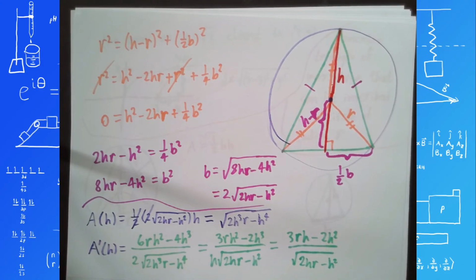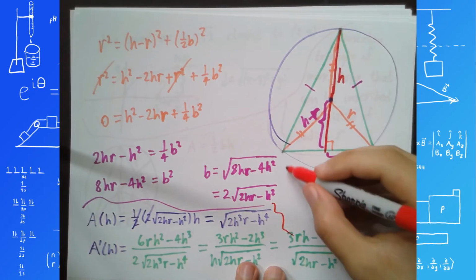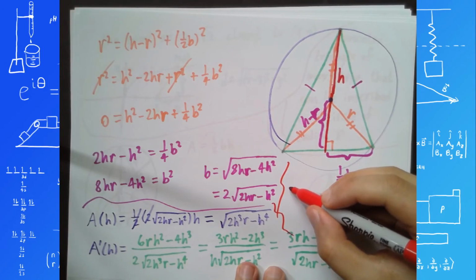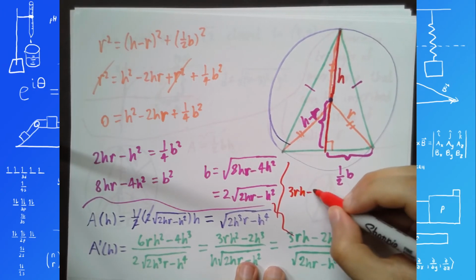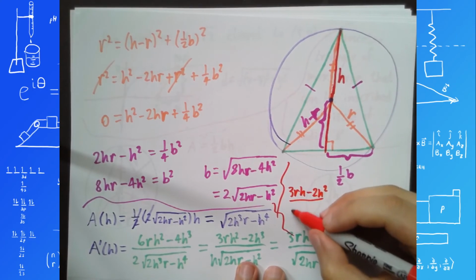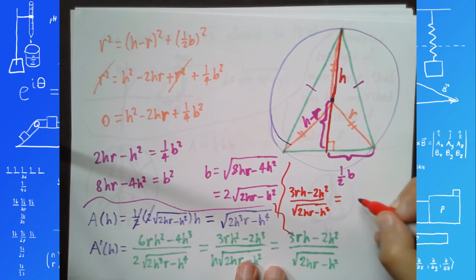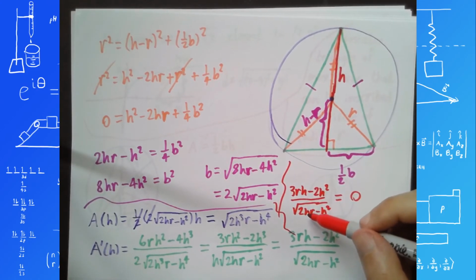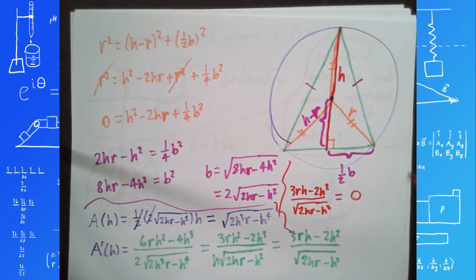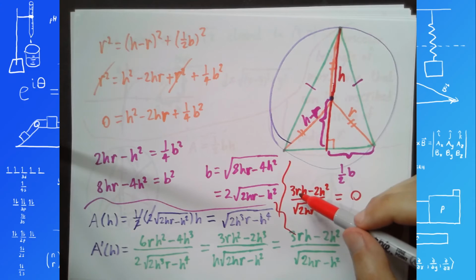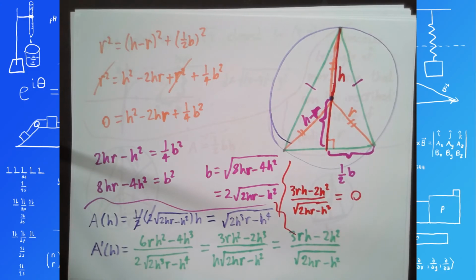So if we set that equal to 0, I guess I'll do that up here since we have some space. We've got 3rh minus 2h squared over the square root stuff is equal to 0. If I multiply both sides by the square root of 2hr minus h squared, we should just end up with 3rh minus 2h squared equals 0.